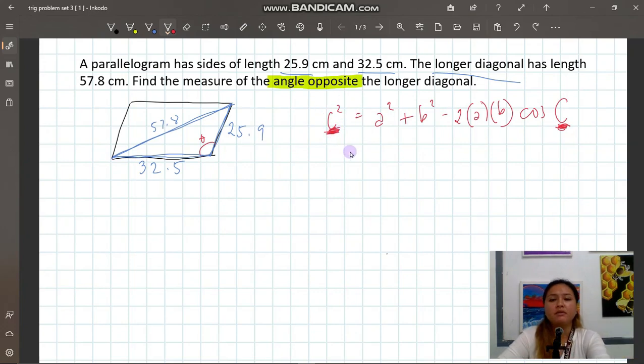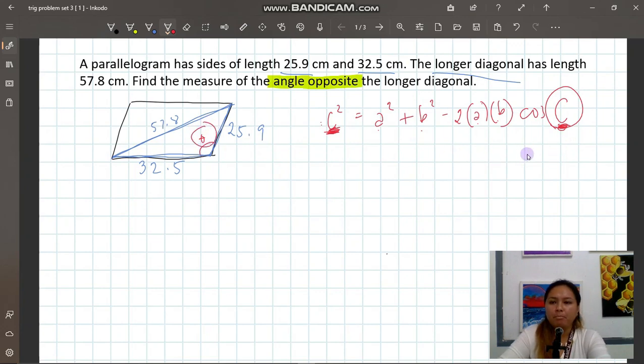And a and b are interchangeable between the other two sides. What's important is that the side here is the side opposite whatever angle we put here. So this is theta.